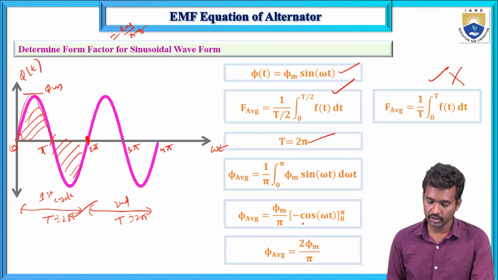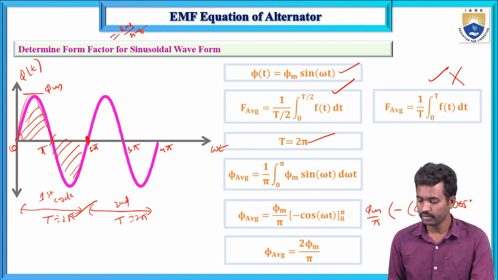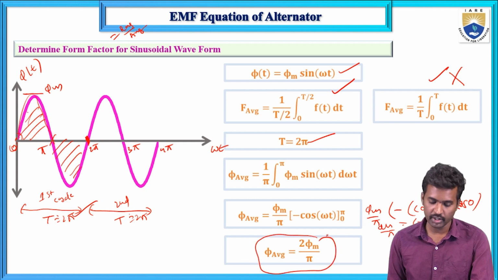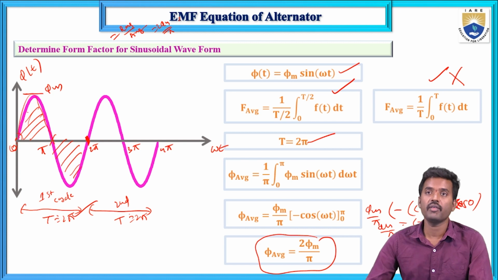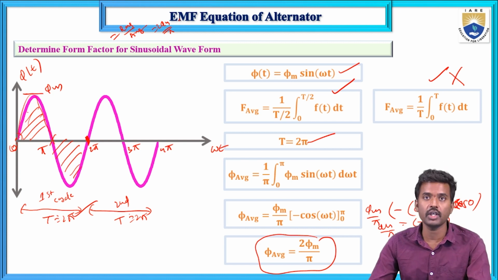Now substitute: phi m by pi times minus of cos of pi minus cos of 0. Cos pi is minus 1 and cos 0 is 1, so minus of minus 2, that is 2 phi m by pi. This is the average value, 2 phi m by pi, for the average value of this flux sine wave.